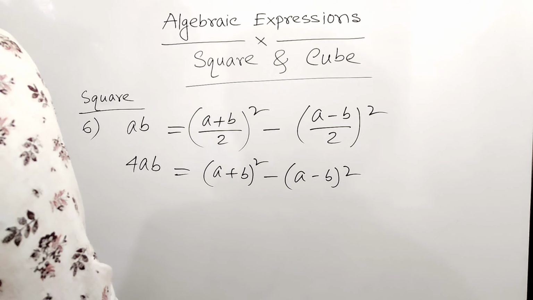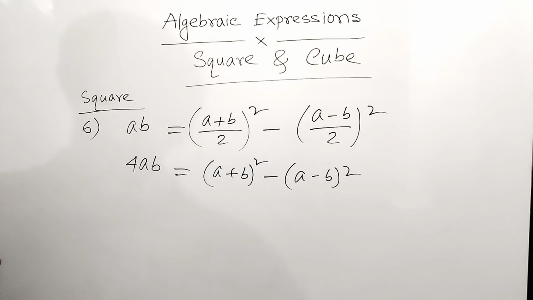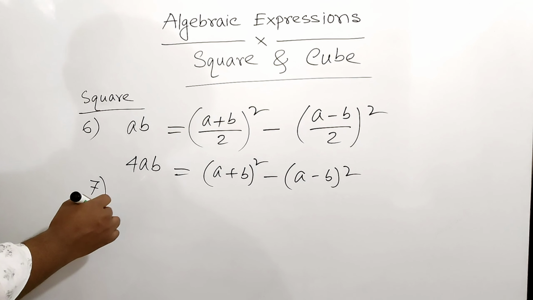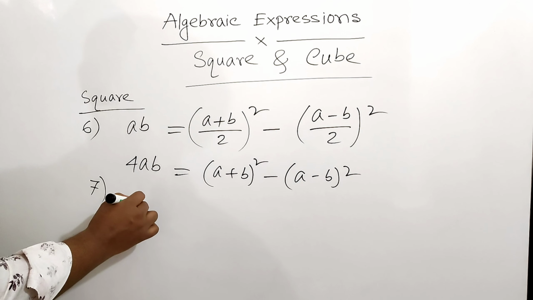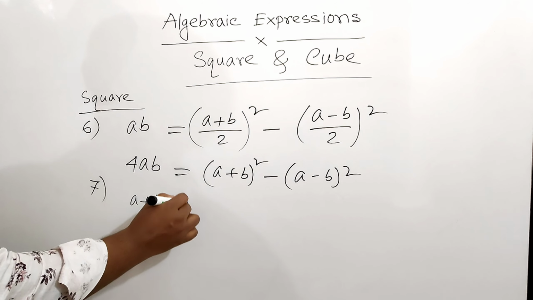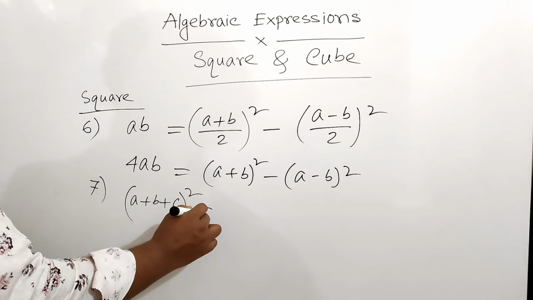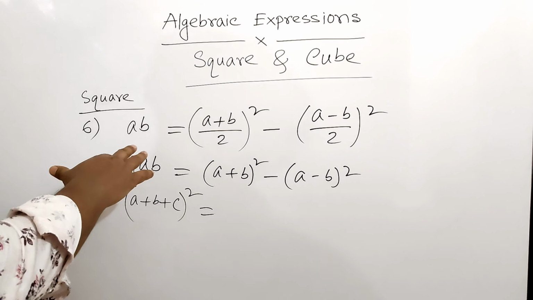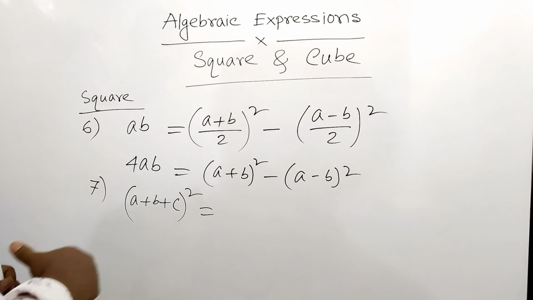Now the last formula for the square, number 7. If there are 3 terms, that is a plus b plus c whole square. Up to number 6 we learned all the formulas for 2 values.